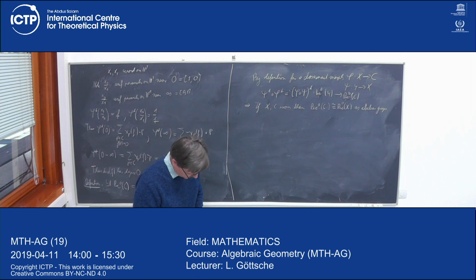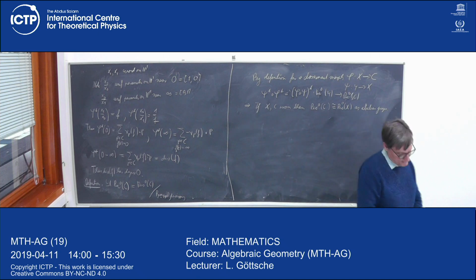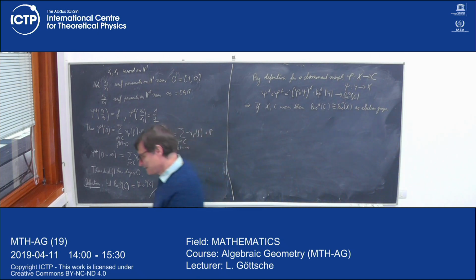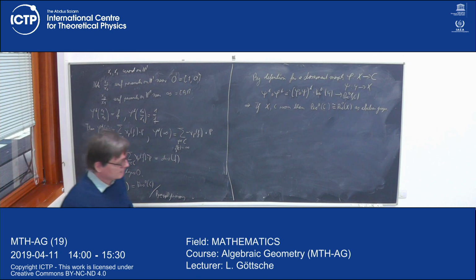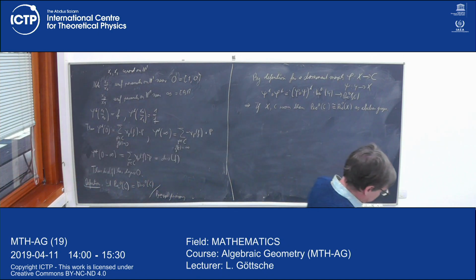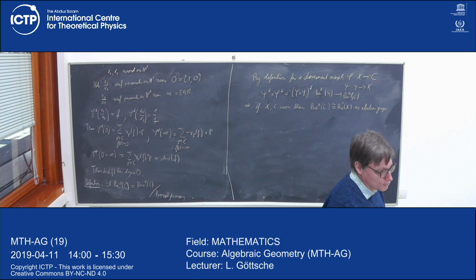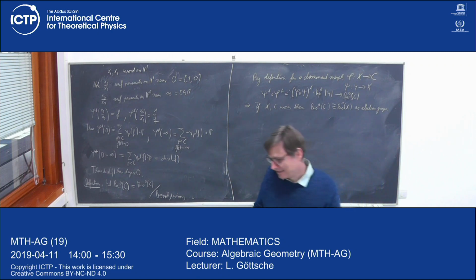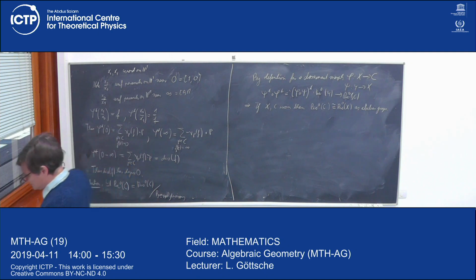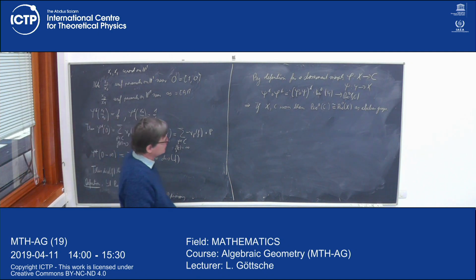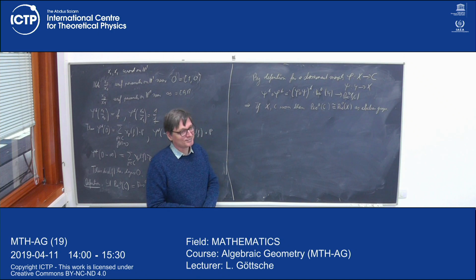Well, in some very abstract sense, you can. If you vaguely remember, I think you were even there, there's this concept of something which is called a motive, which is some abstract thing which contains at the same time information about all possible cohomology theories of an algebraic variety in some abstract sense.